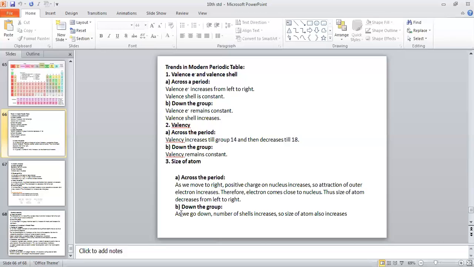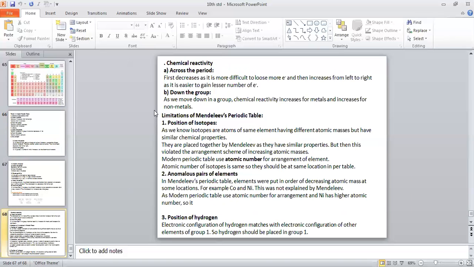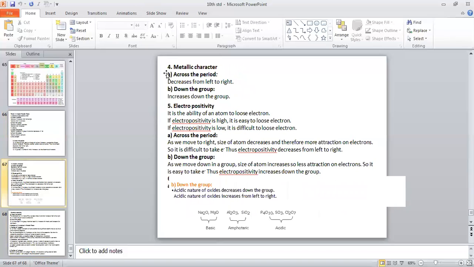Then in the group, we know the number of shells goes on increasing, and therefore size increases in the group. Fourth property is metallic character. Across the period, metallic character decreases from left to right, and down the group, it increases. So that is about the metallic character.